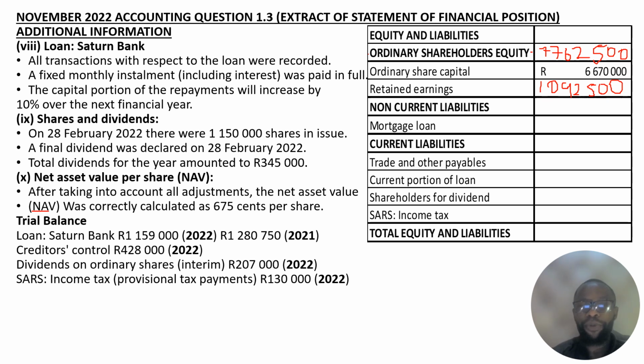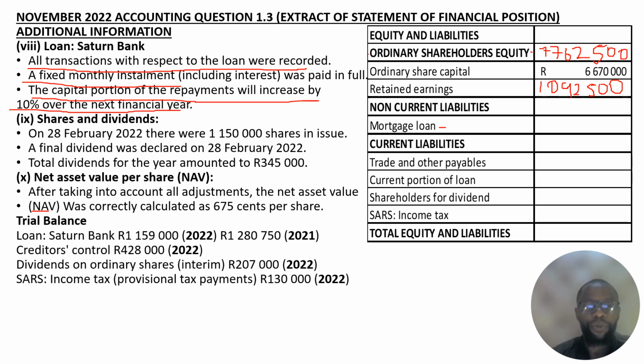So let's move to mortgage loan. Mortgage loan, it said all transactions with respect of a loan were recorded. A monthly fixed installment including interest was paid in full. The capital portion of the repayment will increase by 10% over the next financial year.